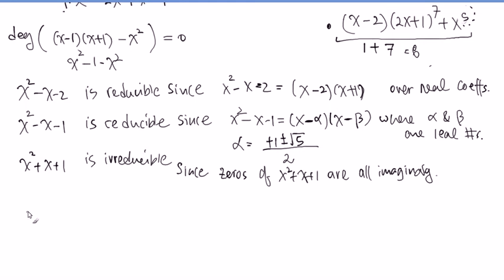So here's one example. Let me write it like this: x squared plus 1 squared minus x squared, like that, which is in a more disguised form: x to the fourth plus x squared plus 1.